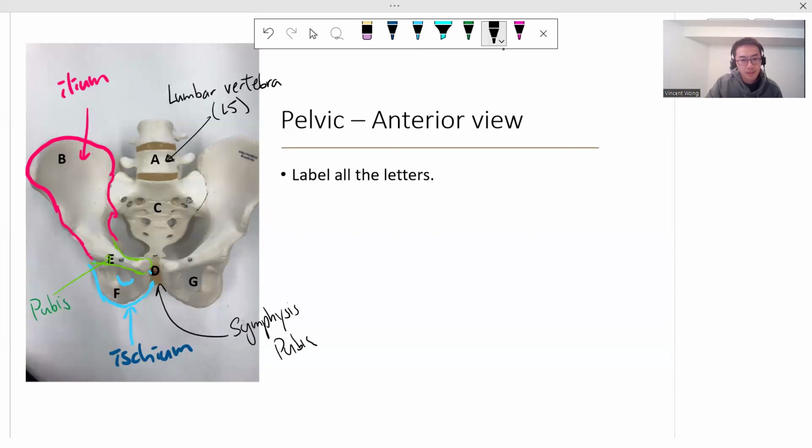The pubic symphysis gives a little bit of flexibility between the two halves of the pelvis. We don't want it to be entirely rigid. If things are too rigid, they're easy to break. C over here, that is an irregular bone in terms of shape, the sacrum.